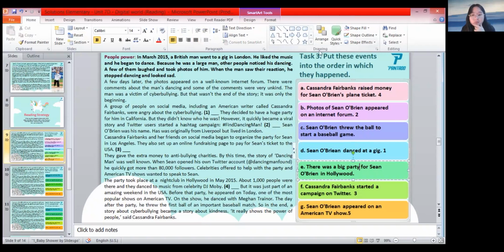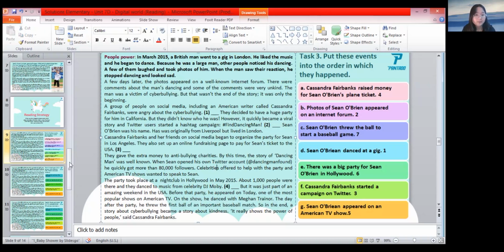It's E. There was a big party for Sean in Hollywood. Okay, and the last one is C. Sean threw the ball to start a baseball game. Here is number 7, and here is number 6, so this one comes before this one. Okay, so that is the order of the events in this text.